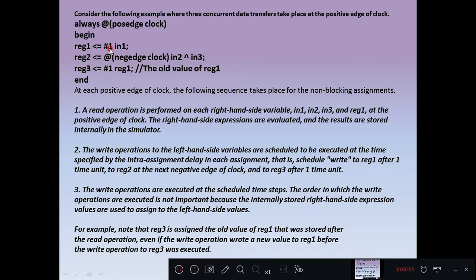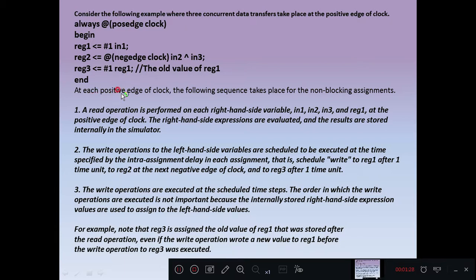On the right hand side the delay is mentioned, #1 IN1, #1 register 1, and at the negative edge of the clock, IN2 XORed with IN3. So you have inputs IN1, IN2 and IN3, and also register 1 acting as input appears on the right hand side of the expression.